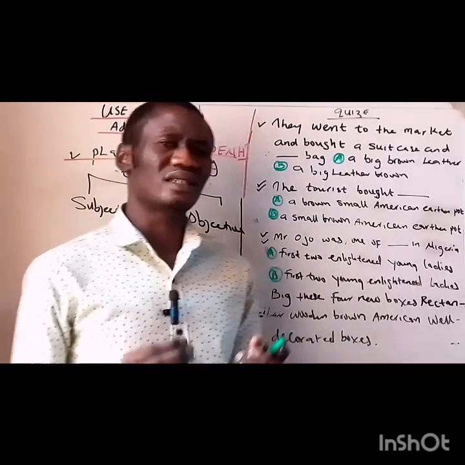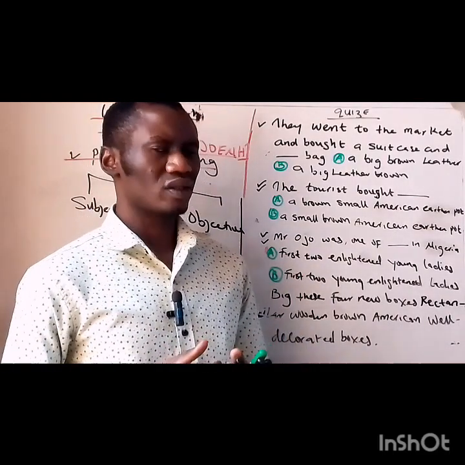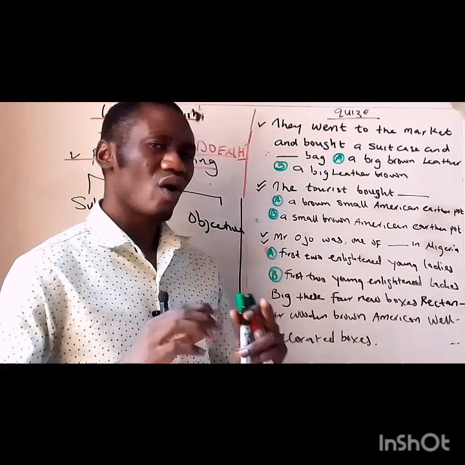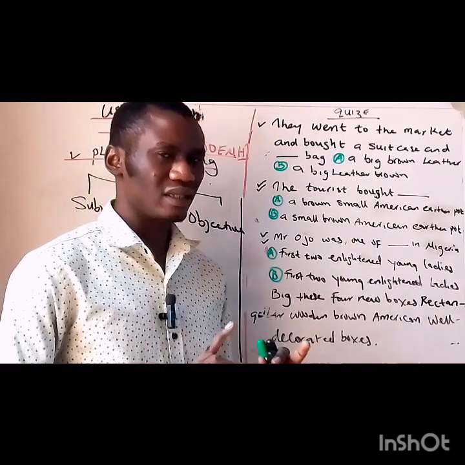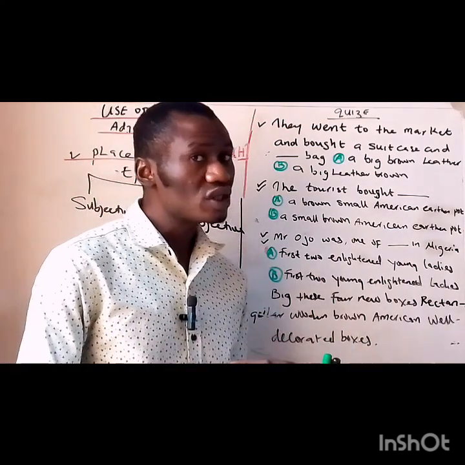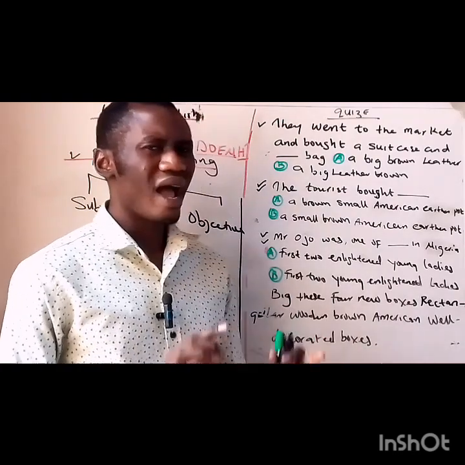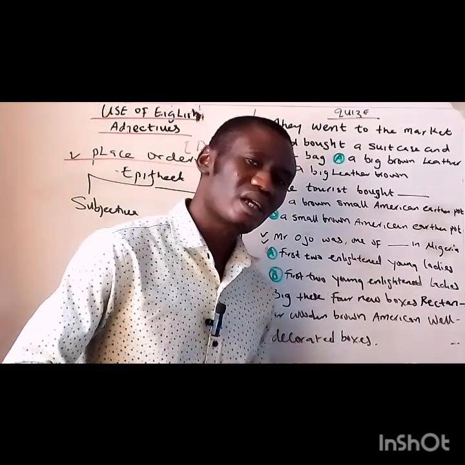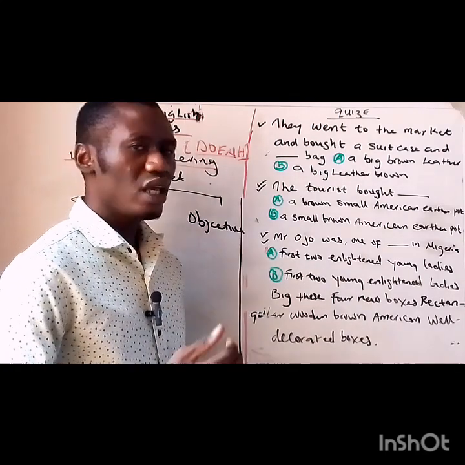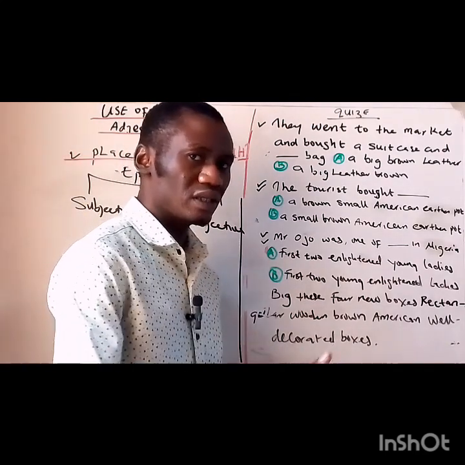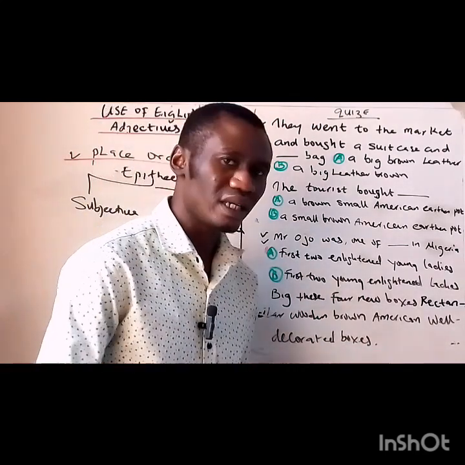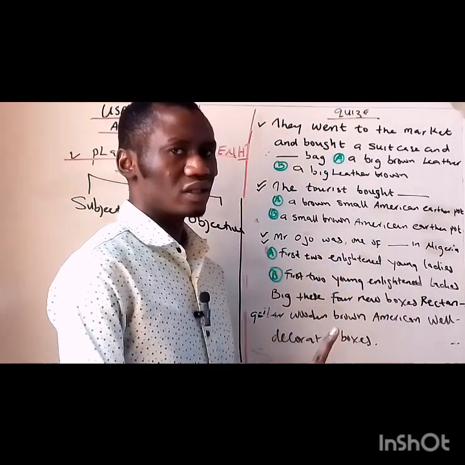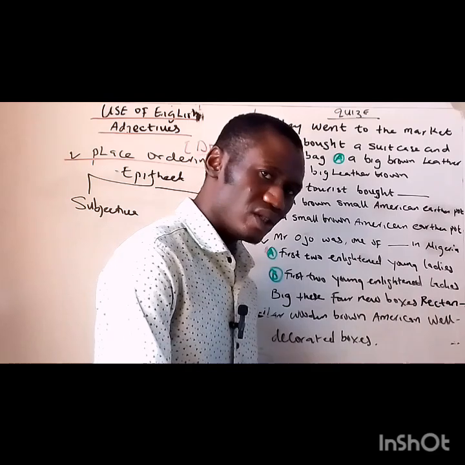Now, these adjectives cannot fall in the order of placements such as age, color, and material type. Now, age is constant. If someone is 12 years, 23 years, 40 years, the age is constant. The age remains the age.